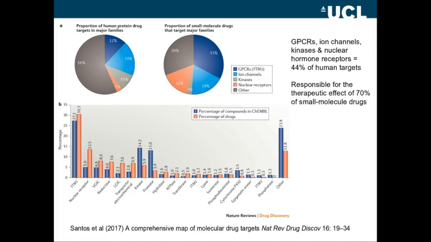So the major difference, of course, though, is that 56% of protein families that are targeted by drugs fall into other categories, but only 30% of drugs. So this means that for these other categories, they are hugely underrepresented in the number of drugs that are being produced.